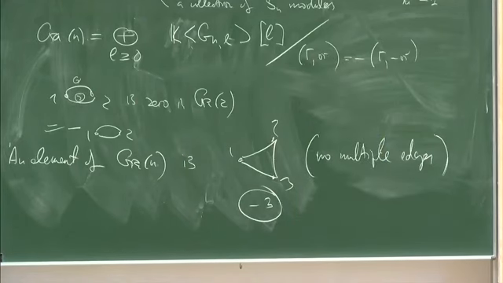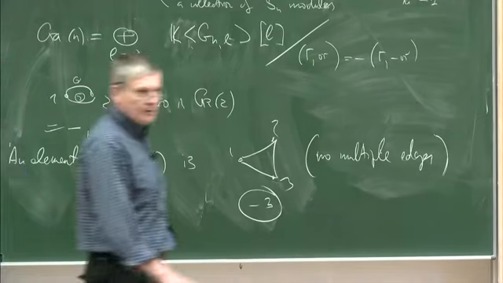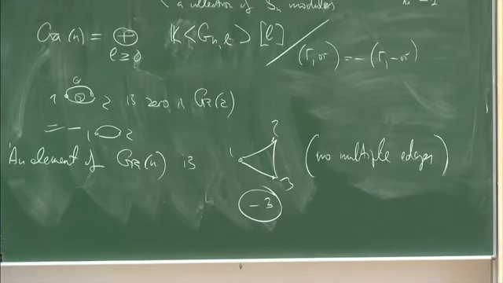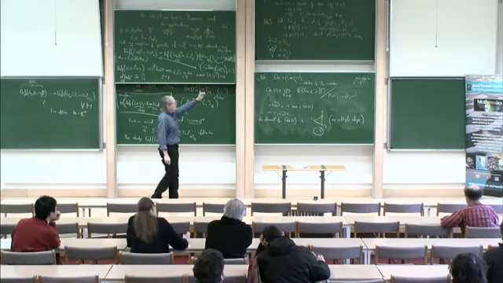Now I claim this is an operad. I gave the definition. It's an operad, and then I will show you it will have a canonical representation on polyvector fields, or on any affine space.